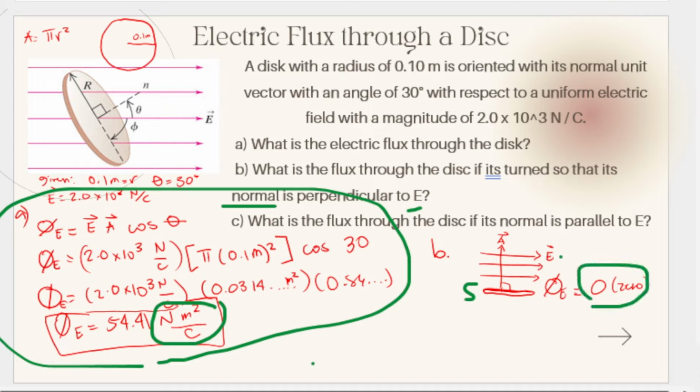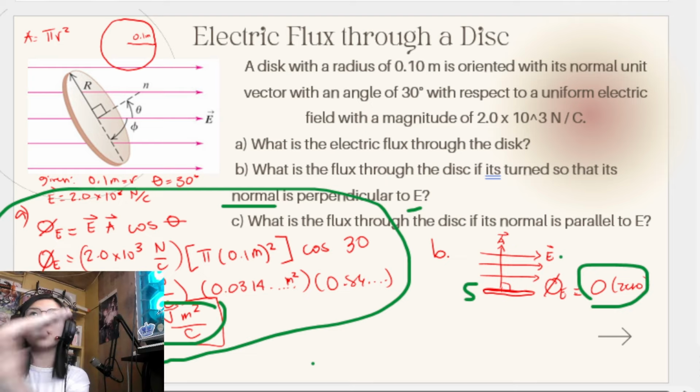So letter B, if you turn A, because our A is slanted now.